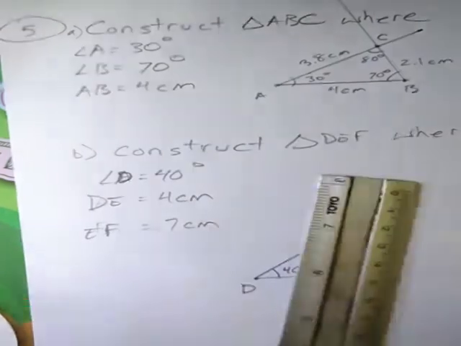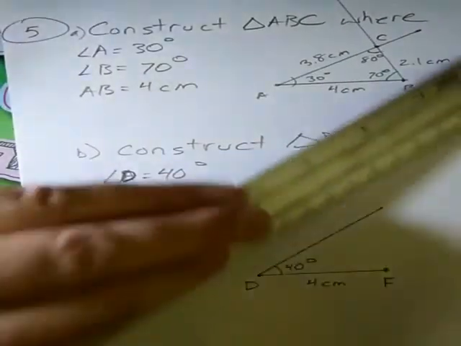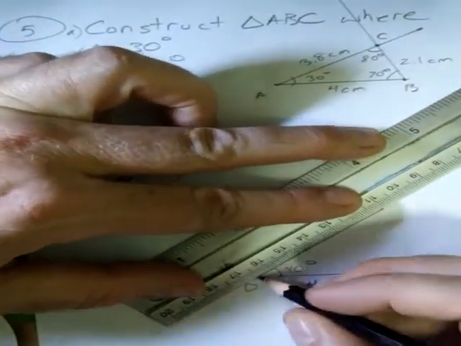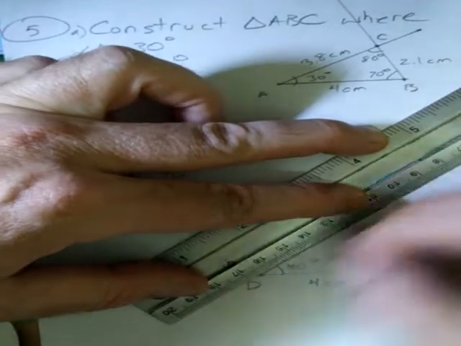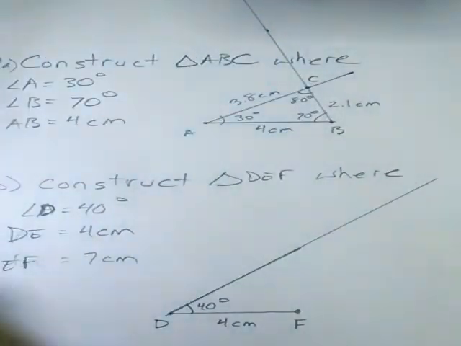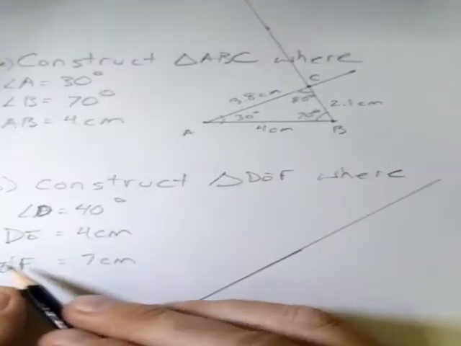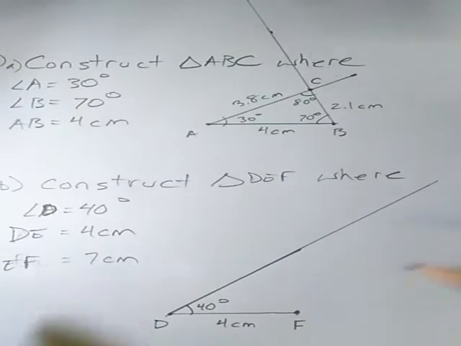I'm going to have to make this line a little bit longer. So again, I line it up, draw it like that. I'm going to extend it way out. Okay, so I am going to have a point somewhere along this line E where the distance E to F will be 7 centimeters.